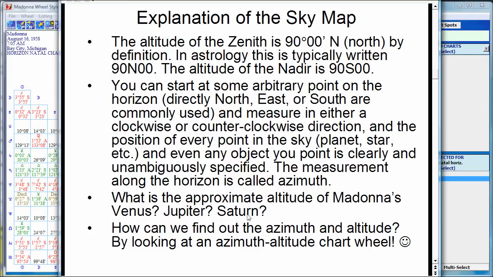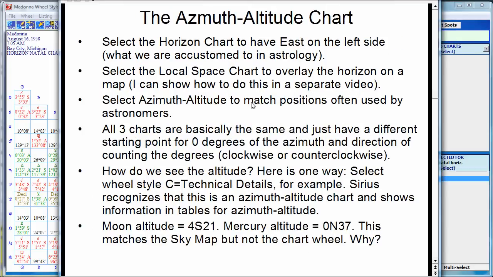We guessed, we got them right. And we looked at an altitude azimuth chart, which I call the horizon chart in Sirius. We have 3 different versions of it to see that.